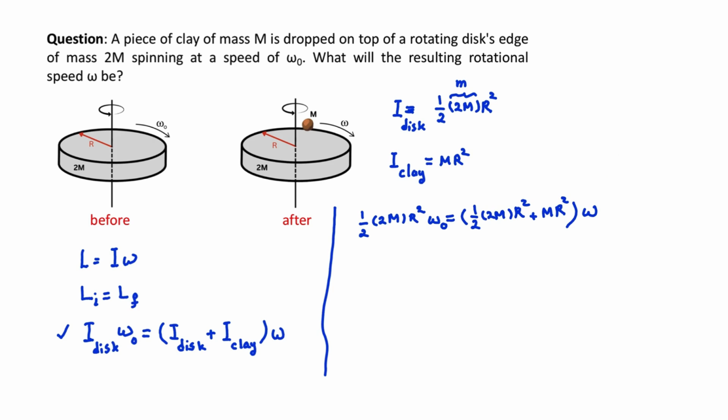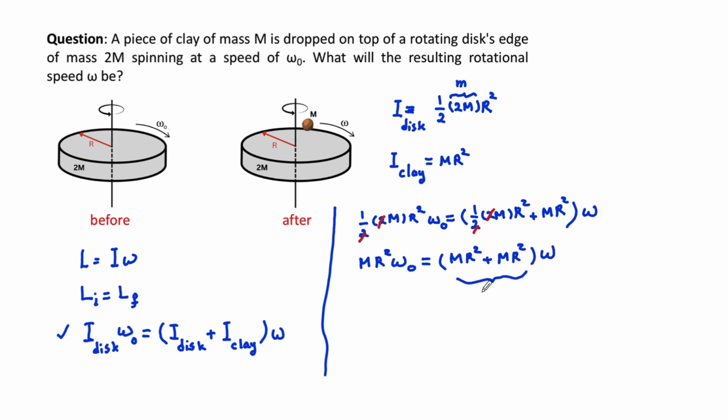So here we can cancel out 2 at left, and also 2 here and here. So for the left side, we get m r squared omega 0 equals, for this one we get m r squared plus m r squared times omega.